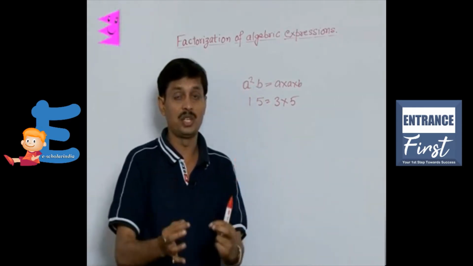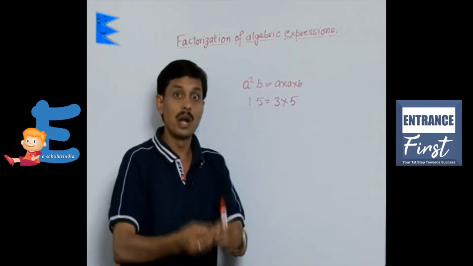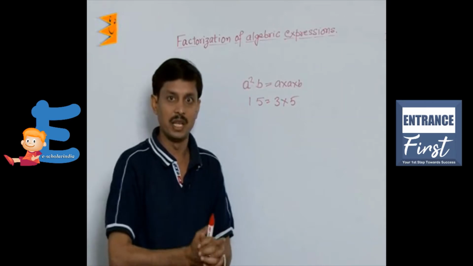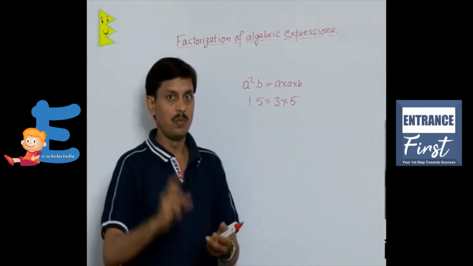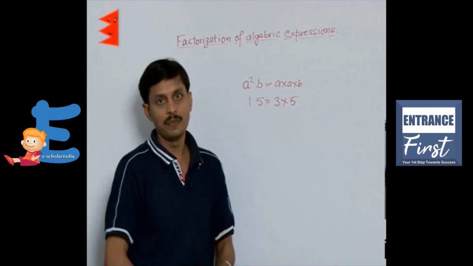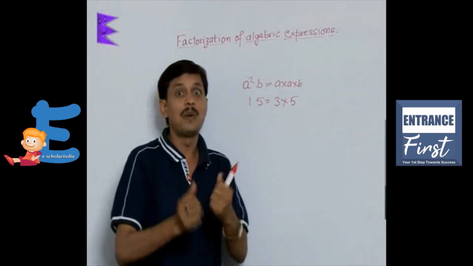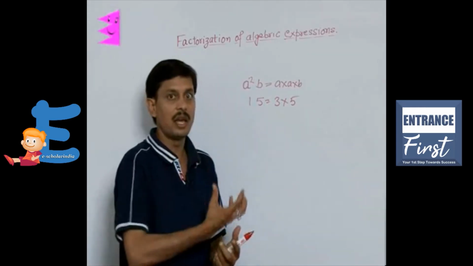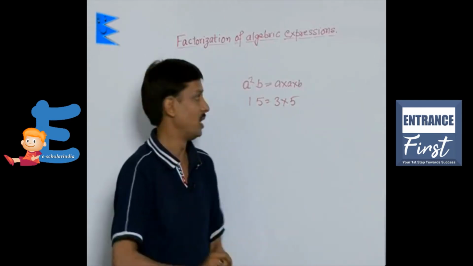So the basic question comes: what are constants, what is a coefficient, what is a power and what is a variable. Whenever we write any polynomial, any identity, any term, any alphabet from A to Z which is used in the expression, term or identity is known as a variable.